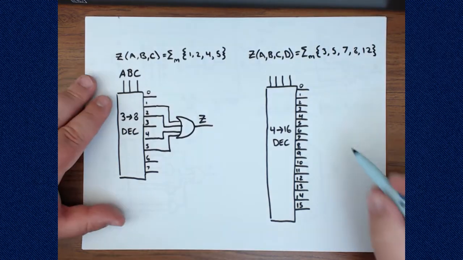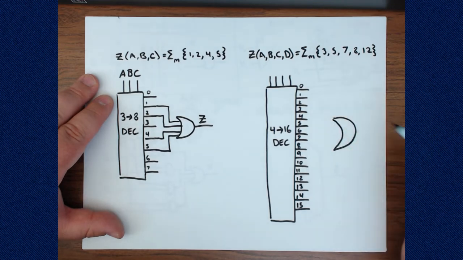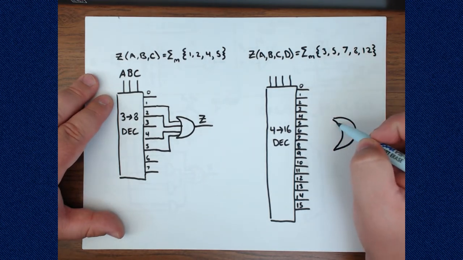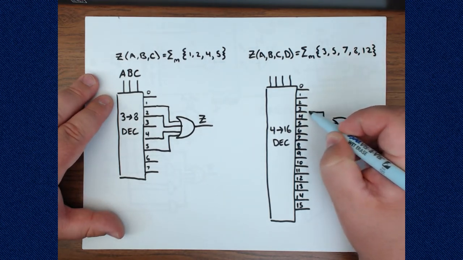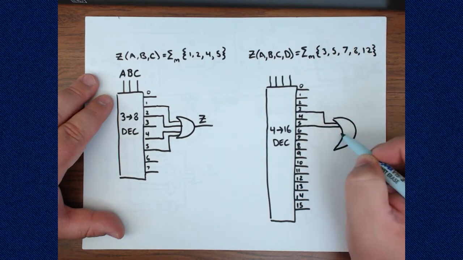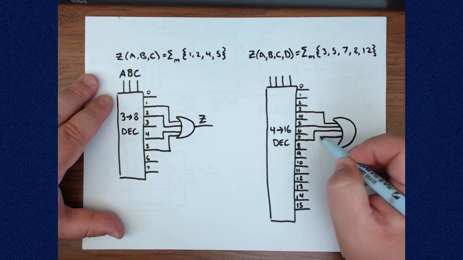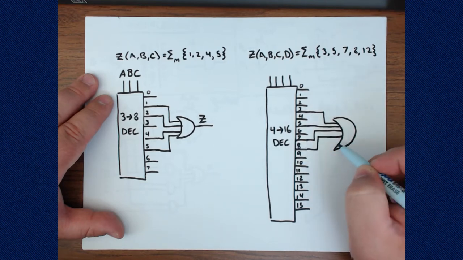We just add an OR gate. This one a little bigger. Then I start connecting it. 3, 5, 7, 8, and 12.